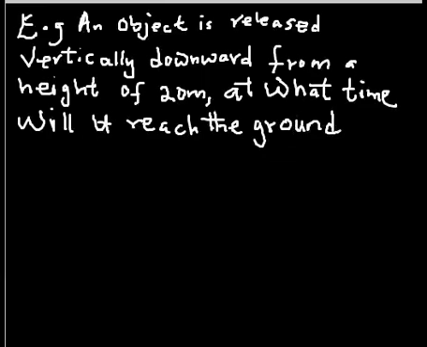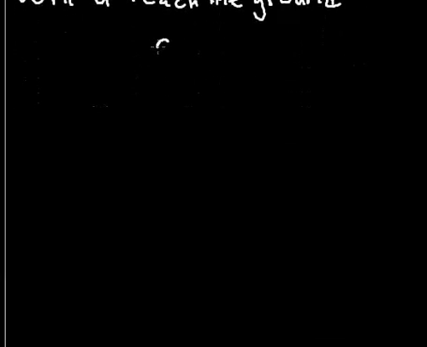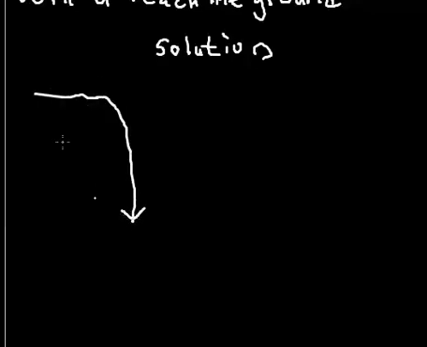Alright, so solution. We're looking at downward free fall from a height. This object falls from a height, and the height according to the question is 20 meters. So let's write our parameters.